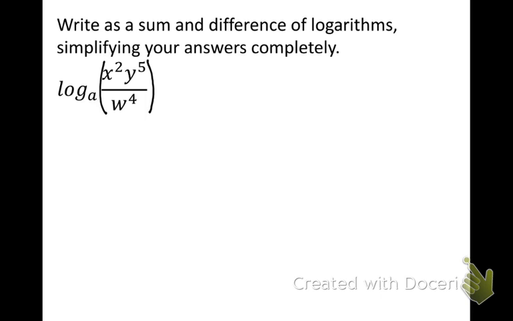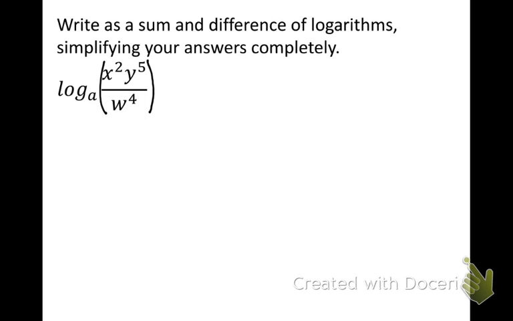So when I break this apart, x squared and y to the 5th are currently connected by multiplication. When they separate, they're going to be connected by addition. My w to the fourth is connected by division because it's in the denominator of my fraction.